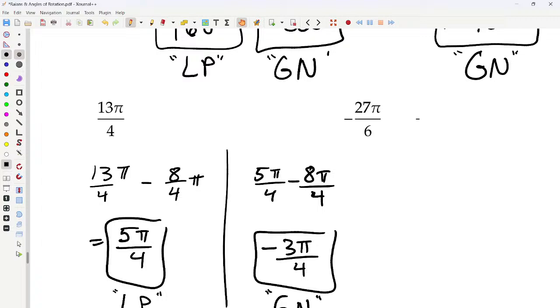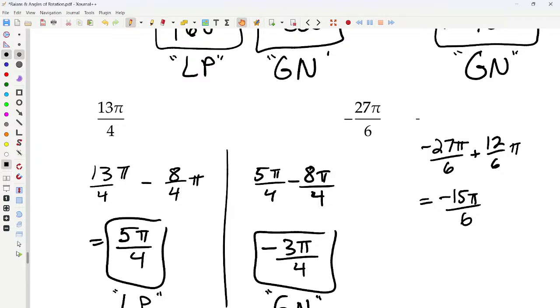So -6 out of 6, -12 out of 6. That's more, so I know I'm going to start adding 2 pi. -27 pi out of 6, add 2. That's 2. 12 over 6 is 2. And let's see, adding 10 would bring me to -17, then adding 2 more would bring me to -15.